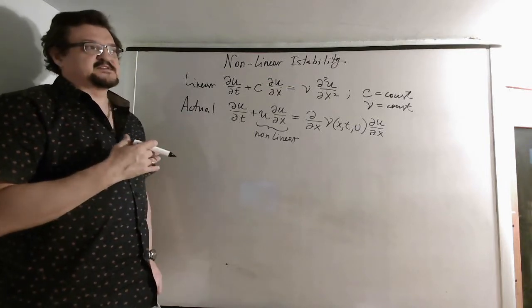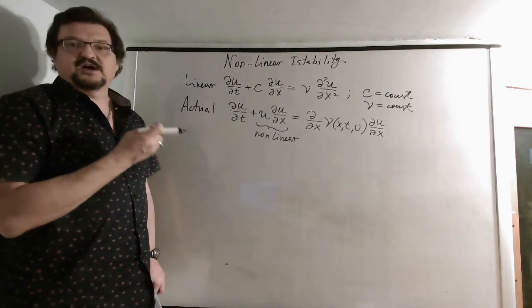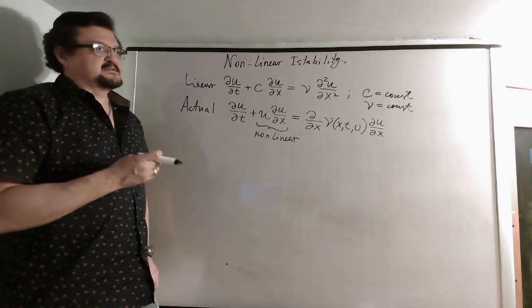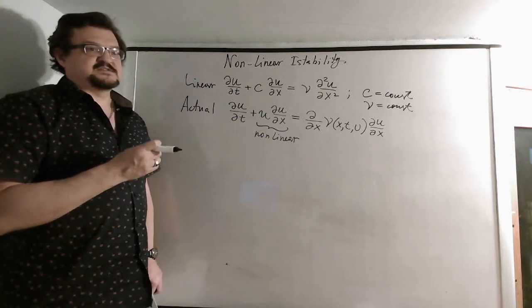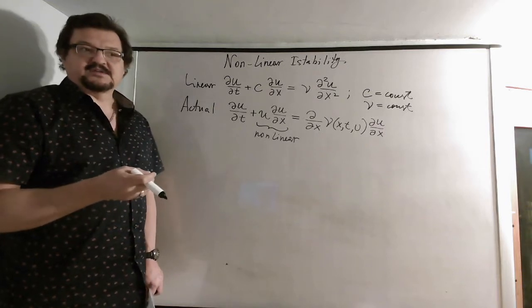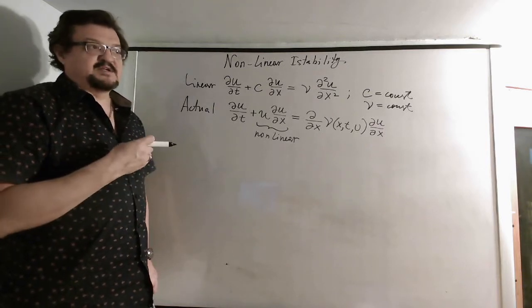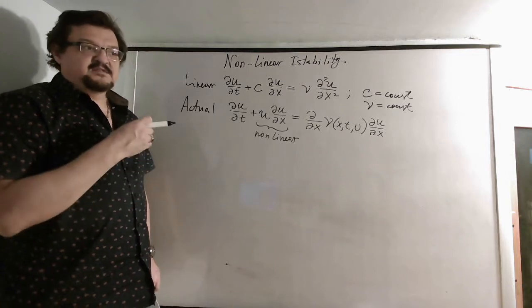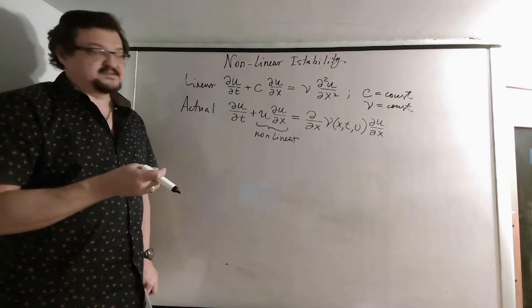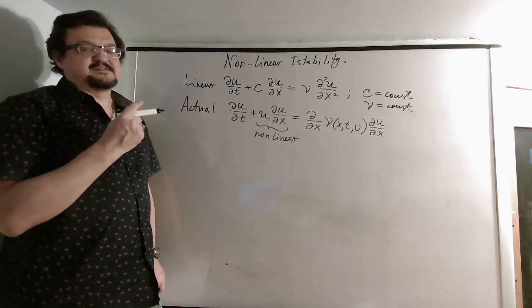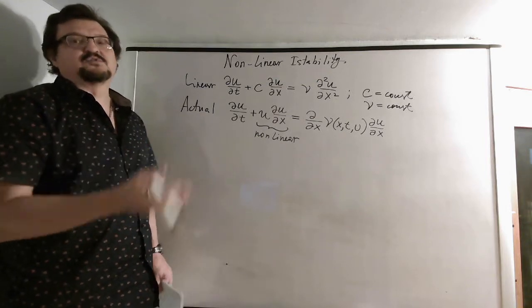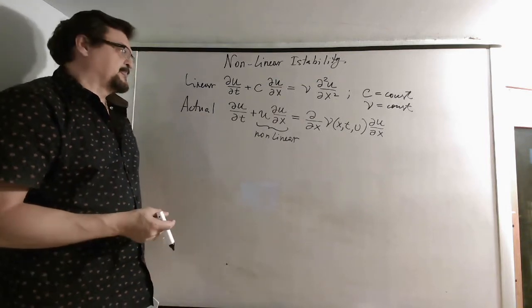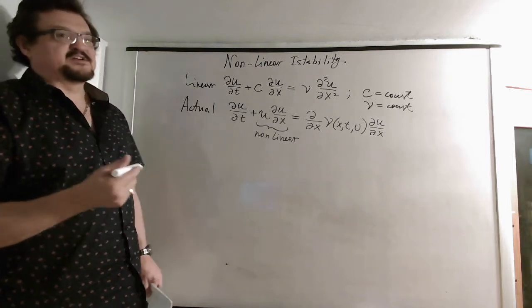So we can consider stability of one particular harmonic, and then show that all those harmonics are stable. If just part of them are stable, those that remain may be unstable, and if even a single harmonic is unstable, then the whole solution is unstable. So then we derive this criterion.